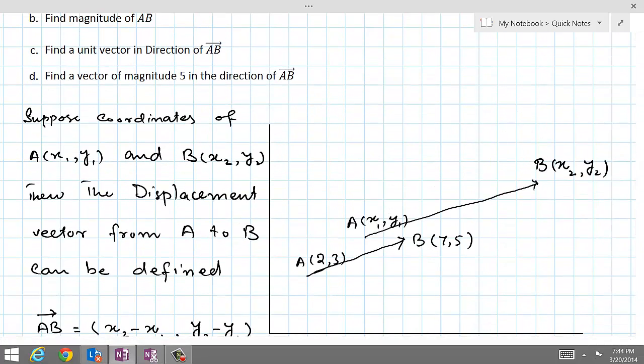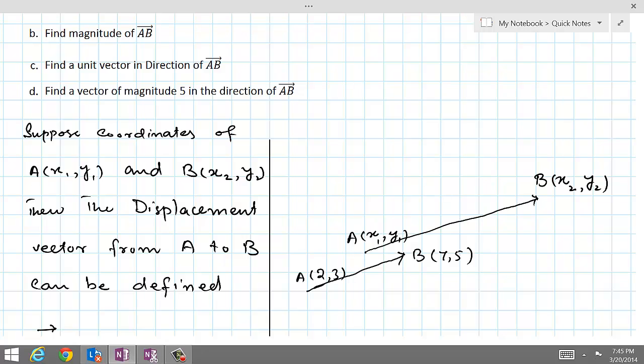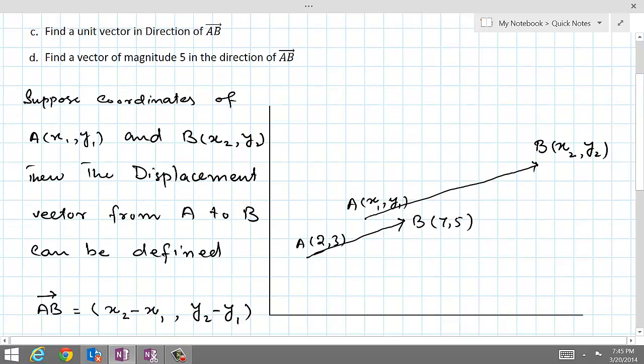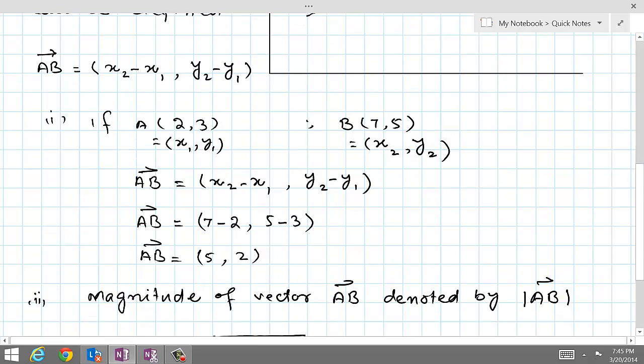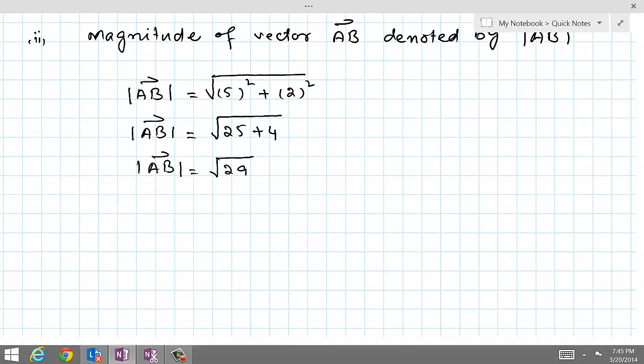And the next question, we are required to find a unit vector. Now what is a unit vector? Unit vector is a displacement vector which has magnitude equal to 1 and represents the direction only.